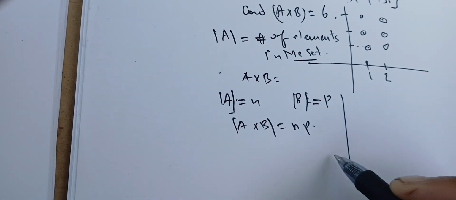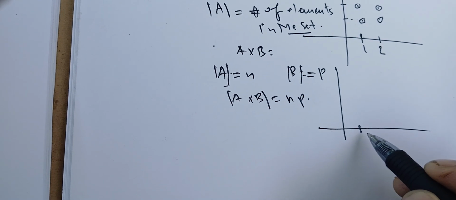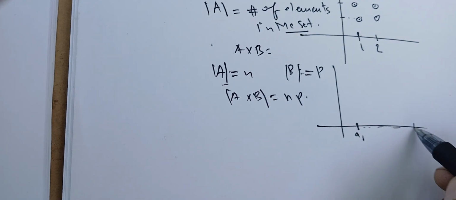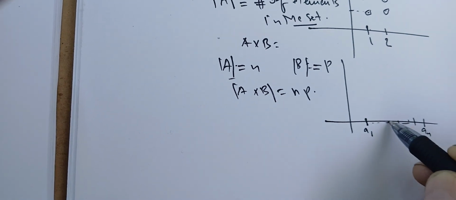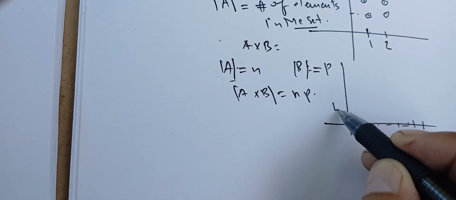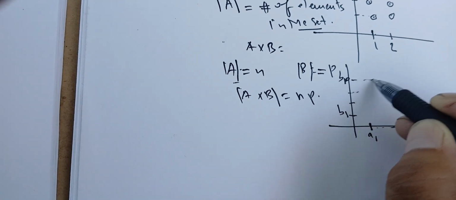To see that graphically, we assume that A has n elements, let's denote them by A1 up to An, and B has p elements, let's denote them by B1 up to Bp.